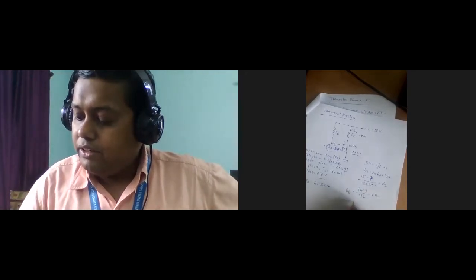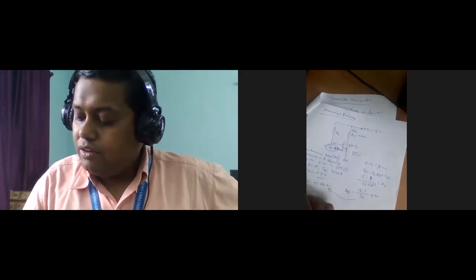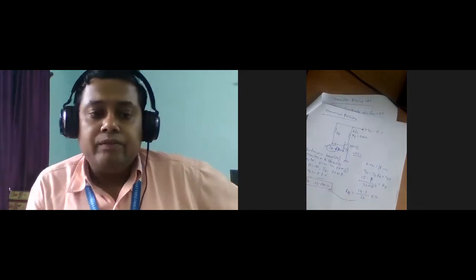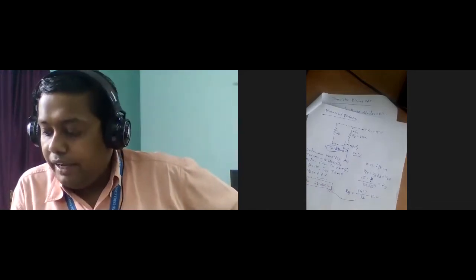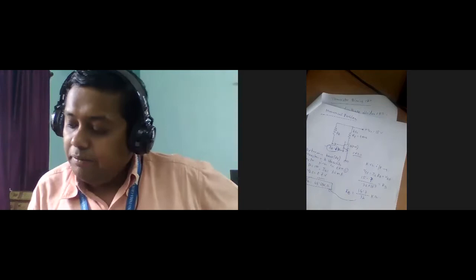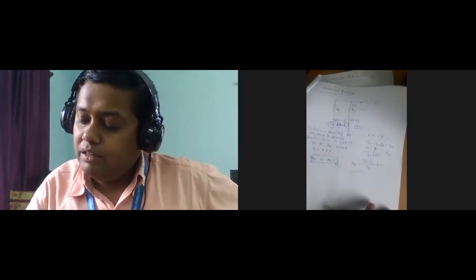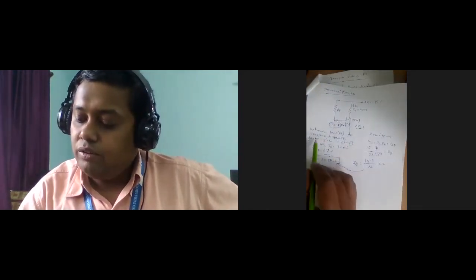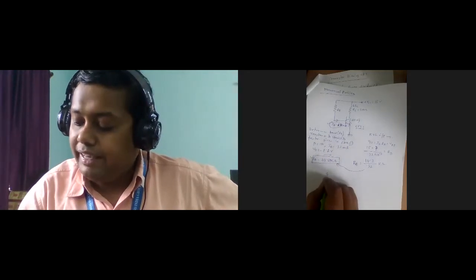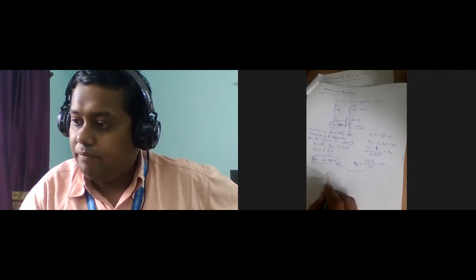So in that case, the result is 44.69 kilo ohm. Okay. In the meantime, if we want to know the stability factors, we also find out the stability factor S prime and S double prime.